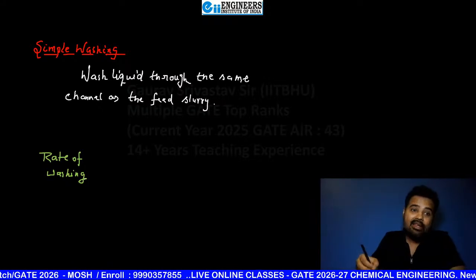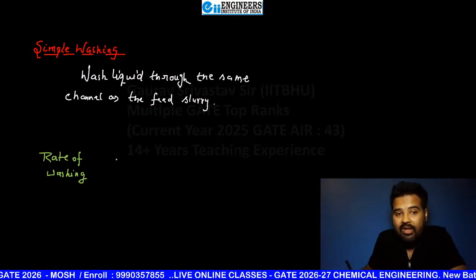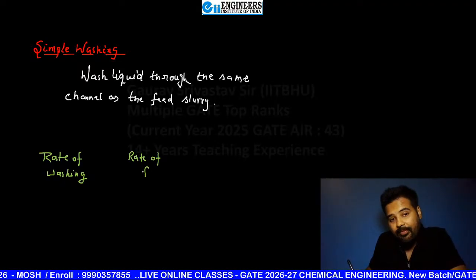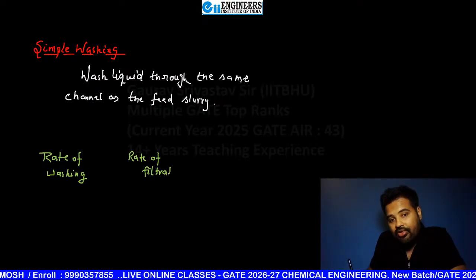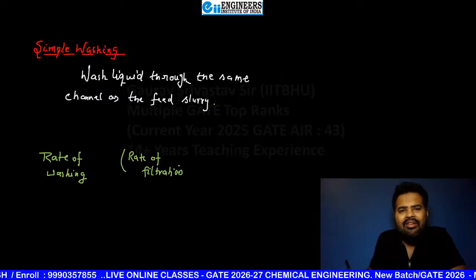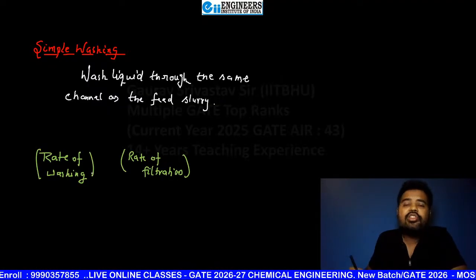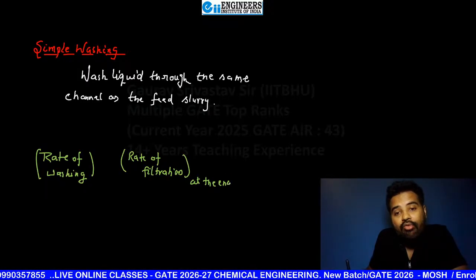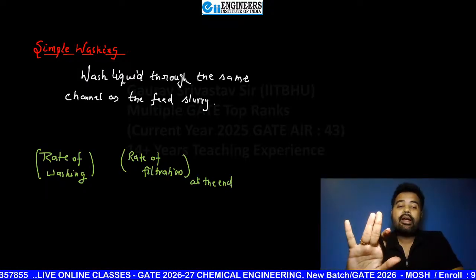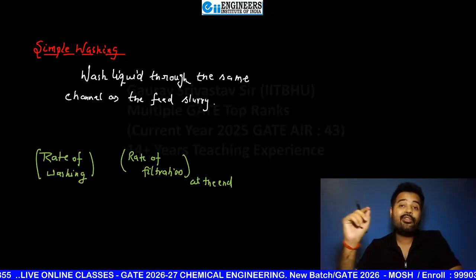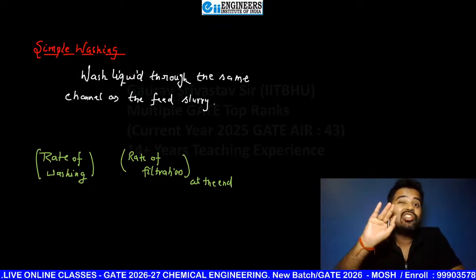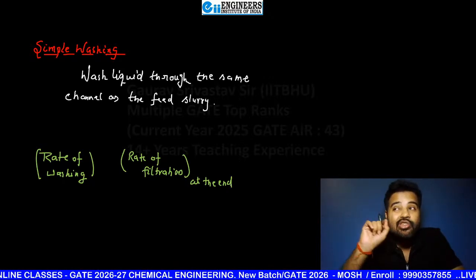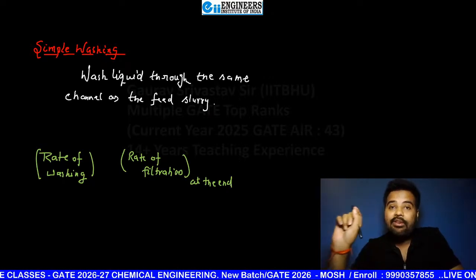Yes, that rate of washing should be somehow related with the rate of filtration. But when? At the end of filtration, where you are ending your filtration and now you are going to start washing. If your cake is not disturbed by that flow rate, that means wash water will also not disturb your cake with that flow rate.